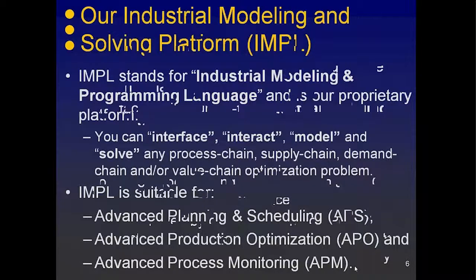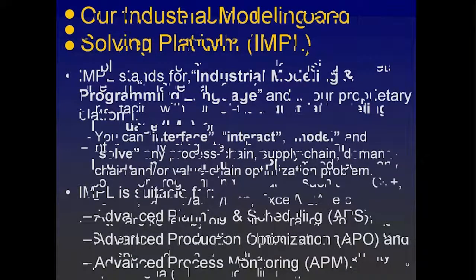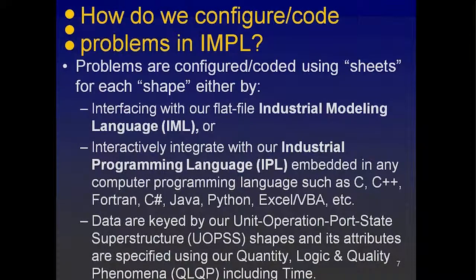Okay. What we're trying to do here is allow you to configure the models as opposed to coding. Coding in some cases can be a negative, but a lot of times, coding in the context that we have here is really how you integrate it to your data systems. So we have a flat file interface we call industrial modeling language.